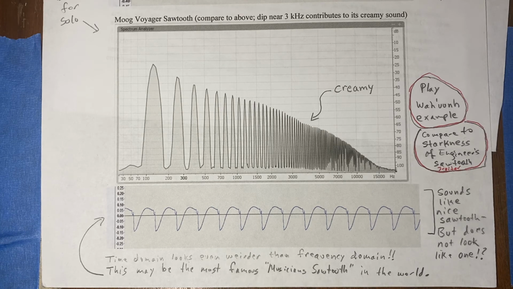This next thing I'm going to show you, though, is something where we're really using a perfect engineer's sawtooth. It doesn't have that creaminess. It doesn't have that warmth of this musician's sawtooth, but it's really appropriate in this case.